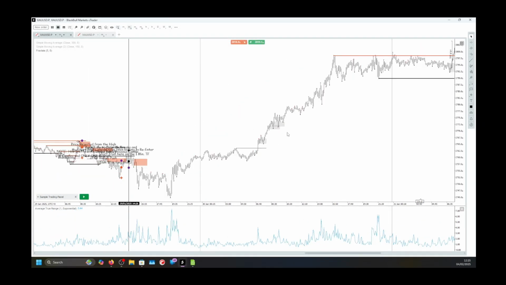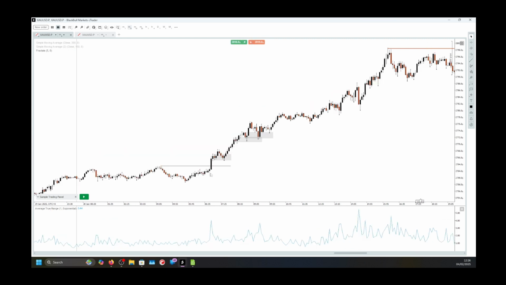Price was just running on Thursday, and I got into a trade here, I think, because that whole run up was just hanging on that single bar. I saw that bar form, but I was waiting for the pullback, and it never came, and I struggled to get in. All this move up, and I was struggling to get in because I wasn't getting the pullback, the efficiency that I like to trade in.